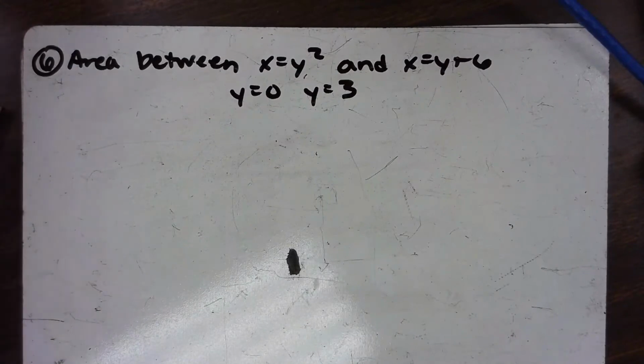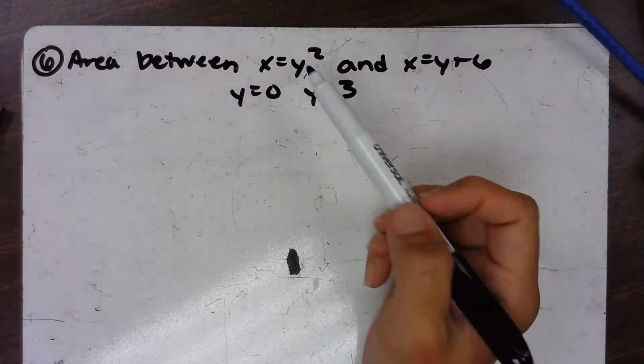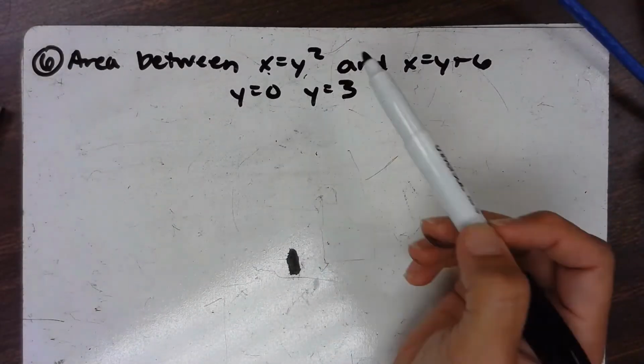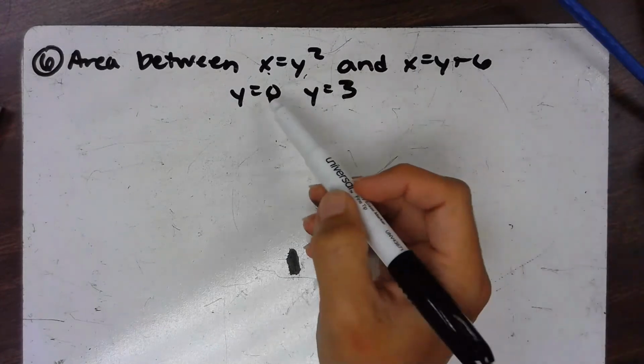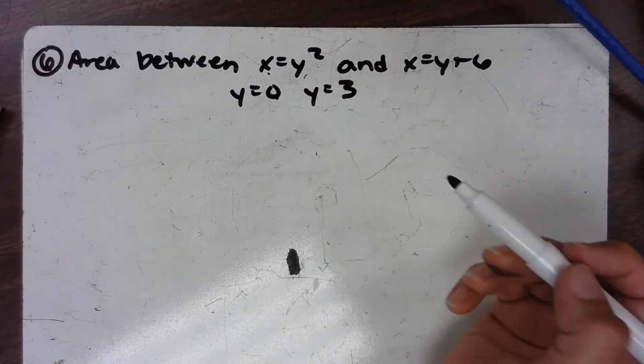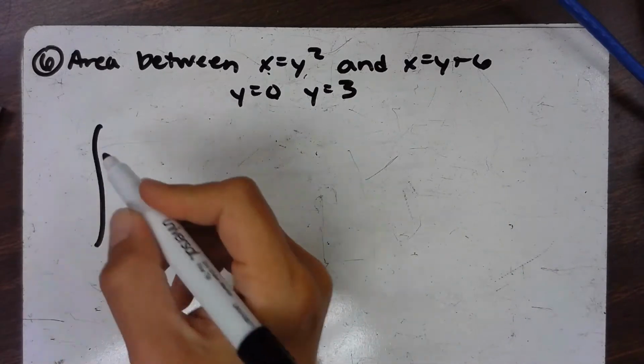All right, so let's look at this. We want the area between, and you'll notice that these are all x equals. Could I change it to y equals? Yes. However, it already gives me the bounds on the y-axis from 0 to 3.